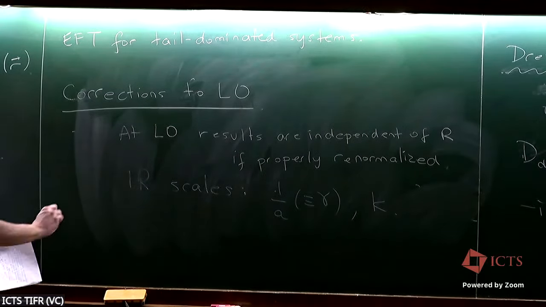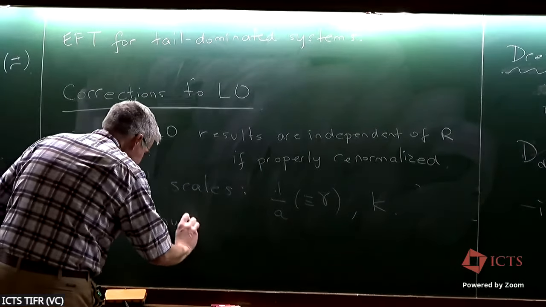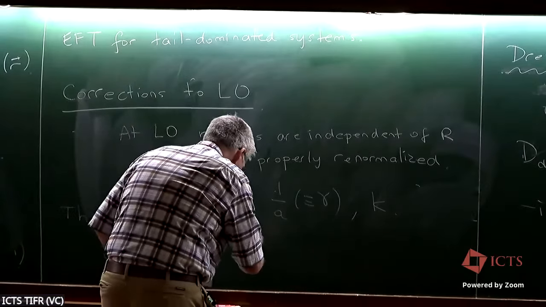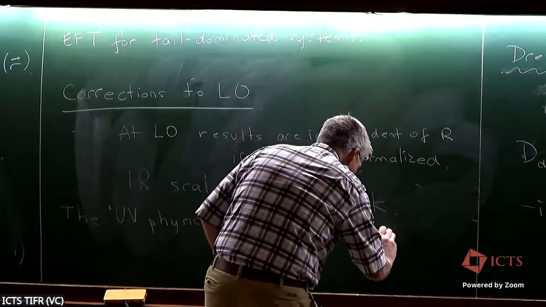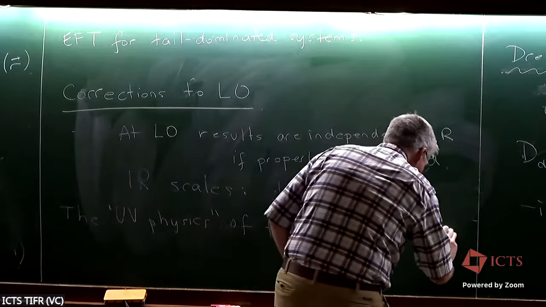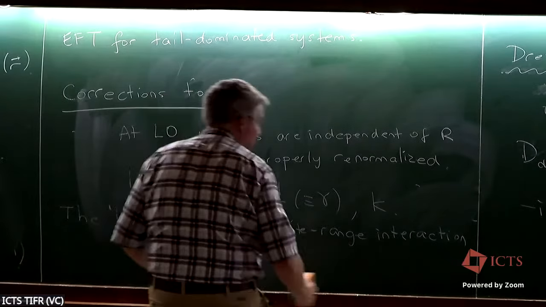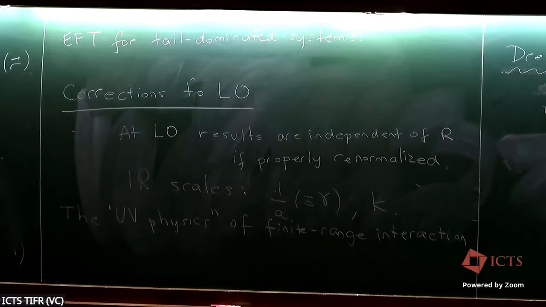So then the ultraviolet physics, the high energy physics, because everybody's high energy is someone else's low energy, of the finite range interaction has to come in through these subleading corrections.